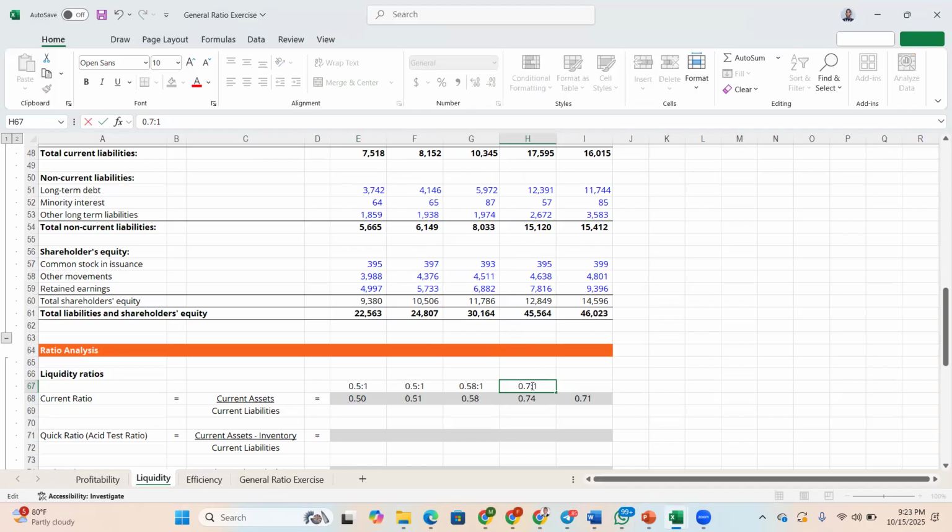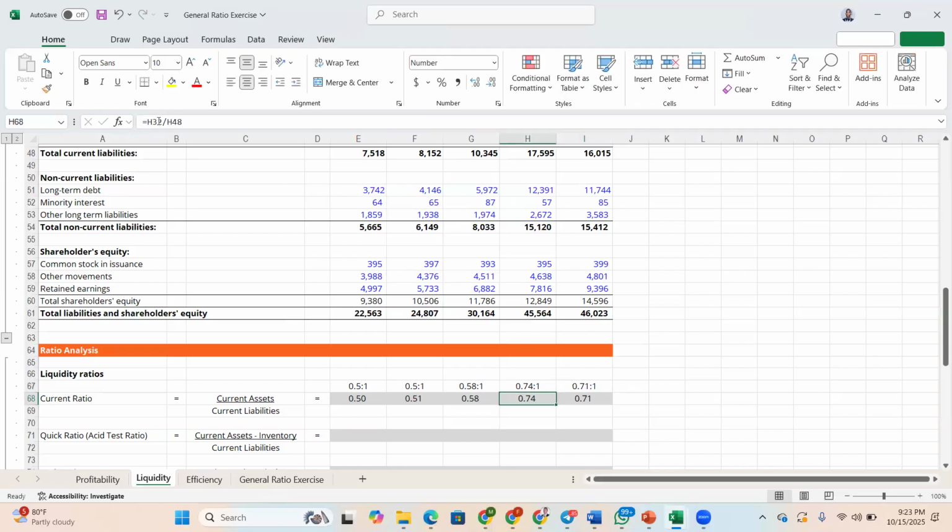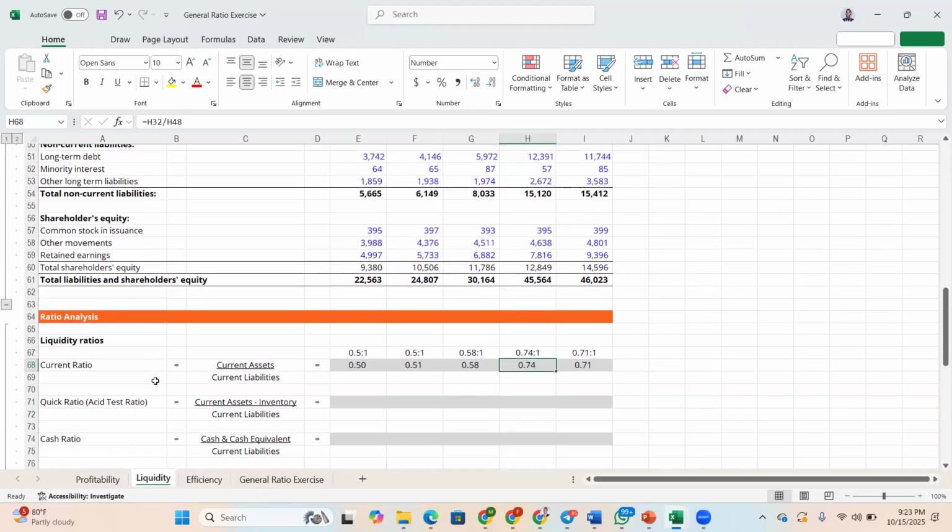This is 0.71 ratio 1. So that's our current ratio.